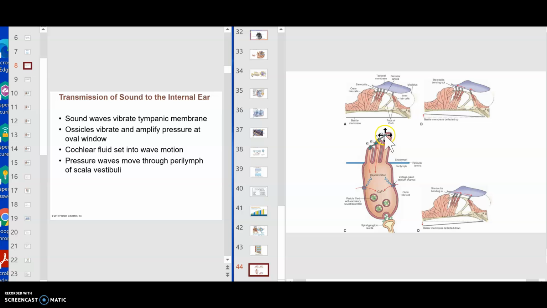And when that occurs, this movement causes, between these cilia, the opening of channels to potassium. Now these fingers here, or stereocilia, are in the endolymph. And the endolymph is very high in potassium.